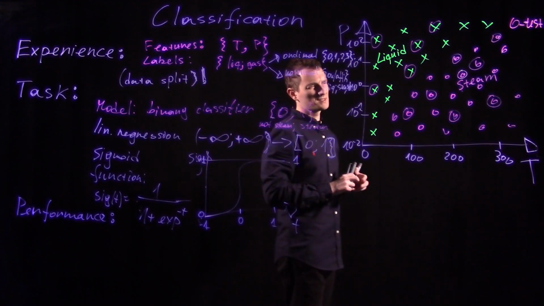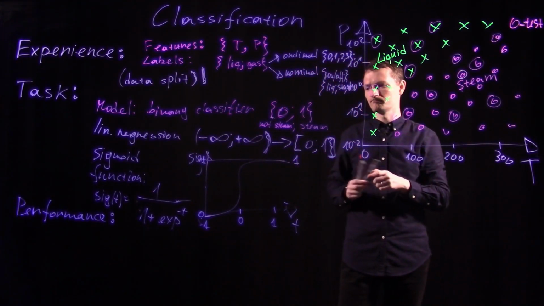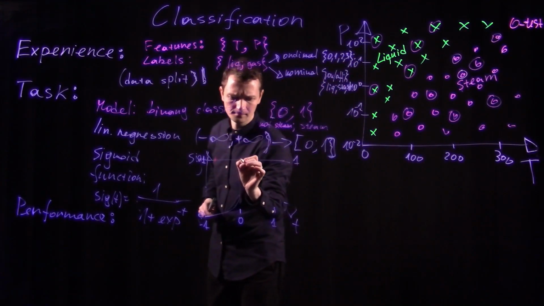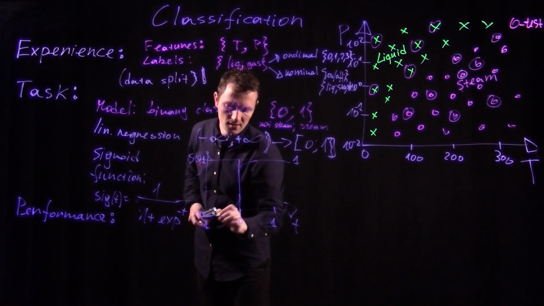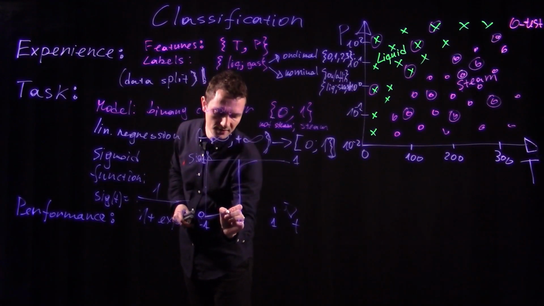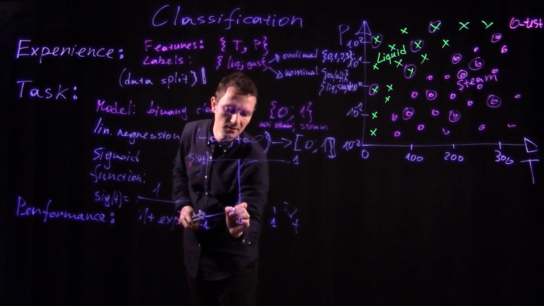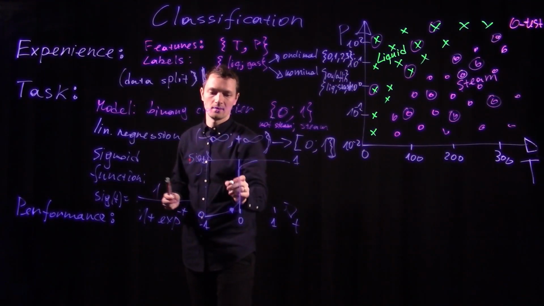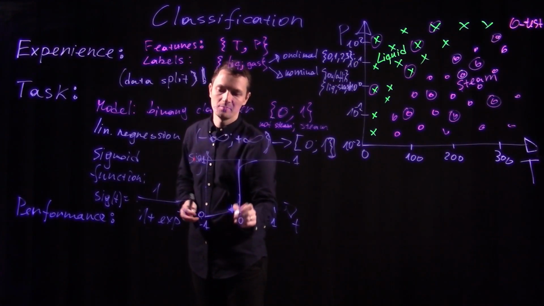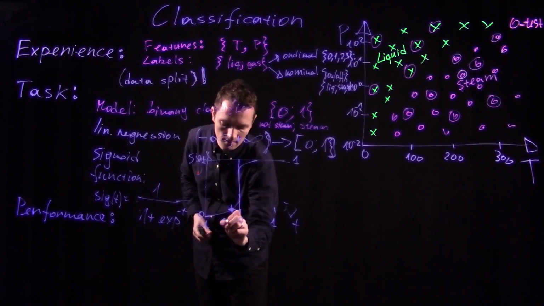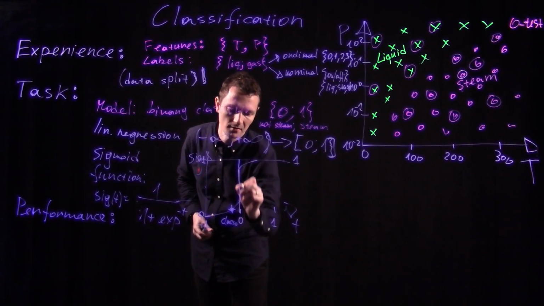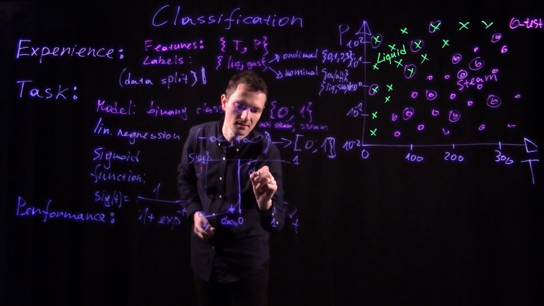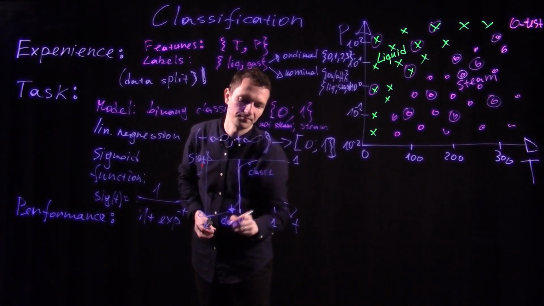So let's consider some special points here. So let's say we have a point here. That would mean that these points can be predicted as class 0. Any point behind this line will be predicted as class 1.